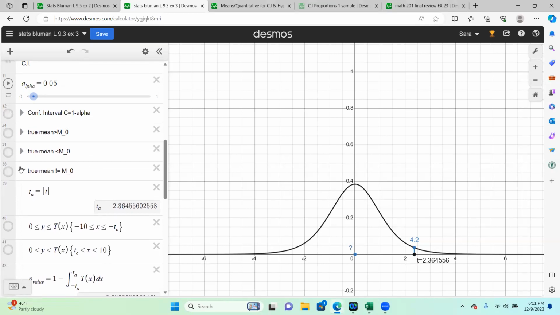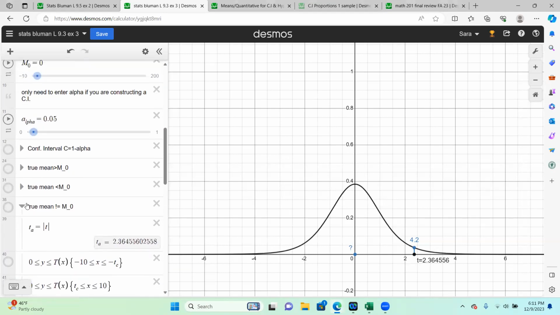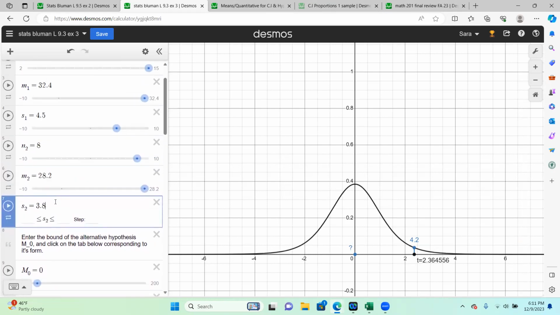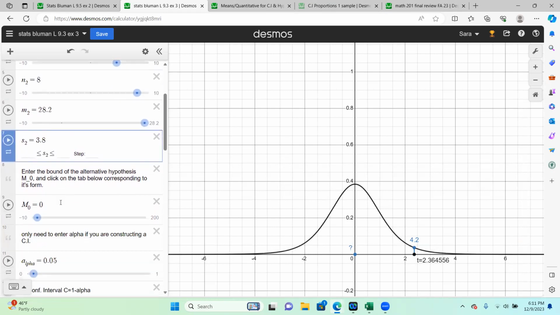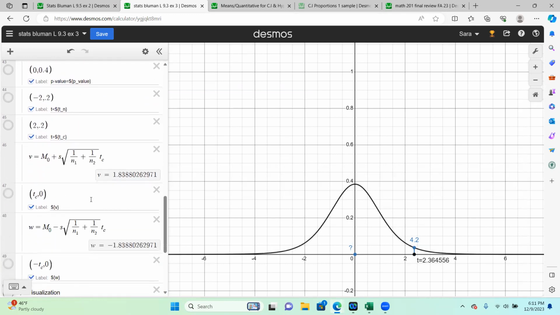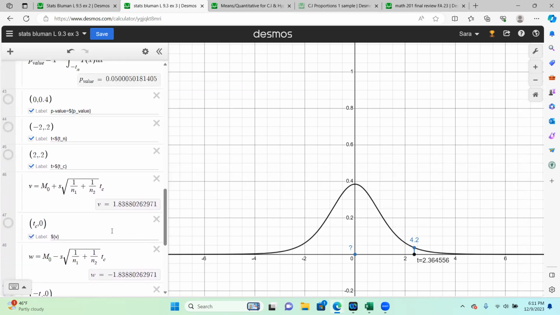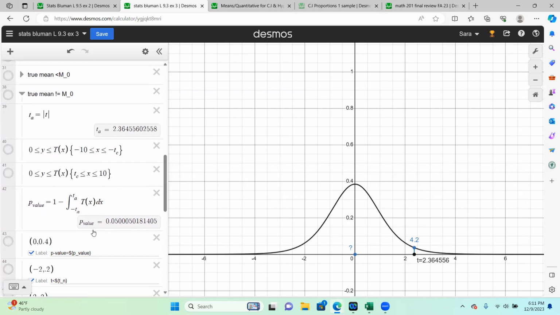Yes, we are looking at here is our test statistic is 2.36, and there's our p-value.